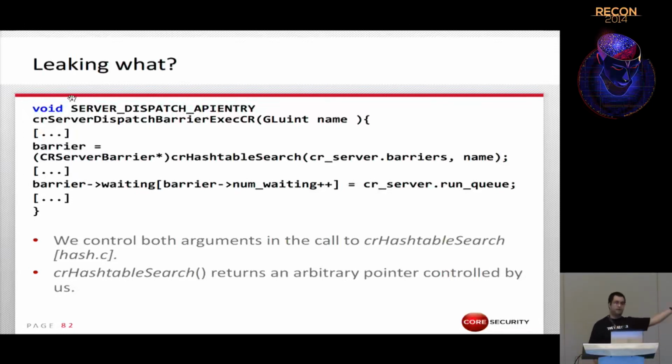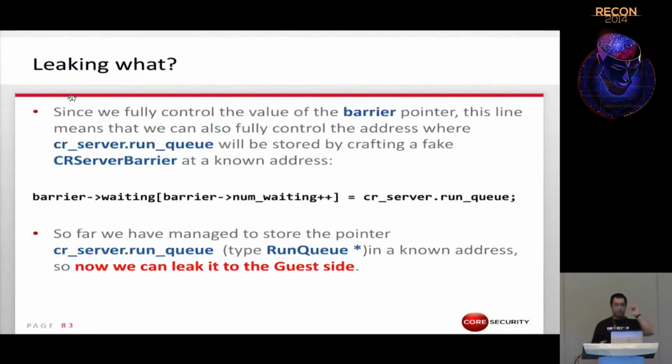And in the next line, the code will copy the value of the run queue field of the CR server variable to an address that is fully controlled by the attacker from the VM. So at this point, basically, we have managed to store the pointer crserver.runq, which is a pointer to a runq structure, into a known address within the address space of the hypervisor.